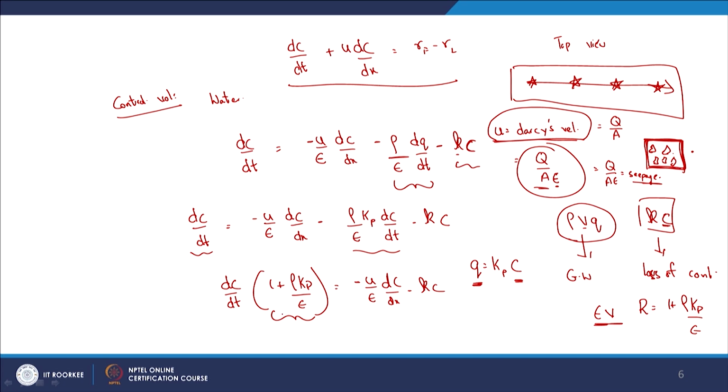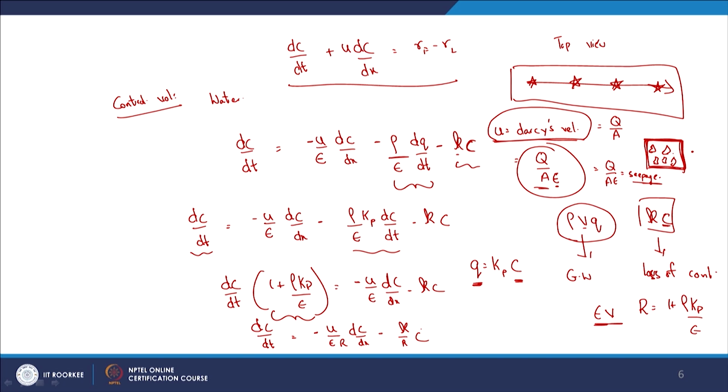So, I am going to represent this as the retardation factor and take this down to the right hand side. So, dC/dt is equal to minus u/(porosity × R) dC/dx minus (k/R) C, right.